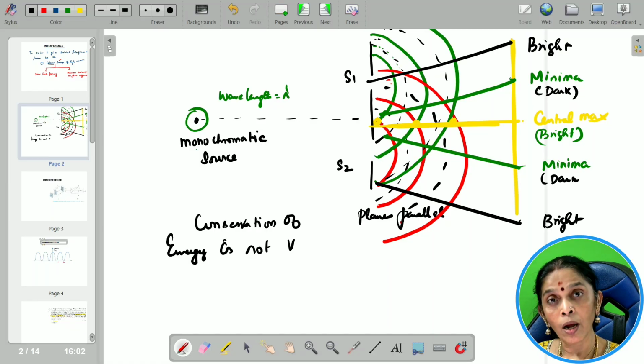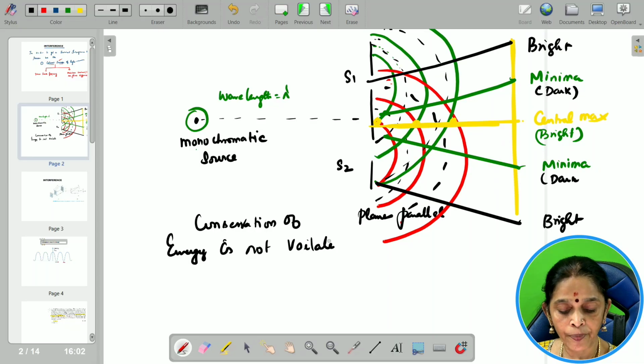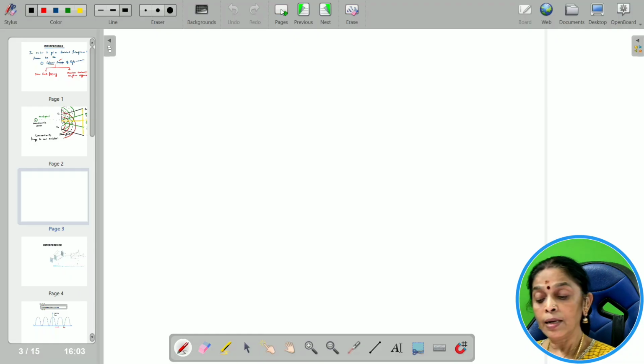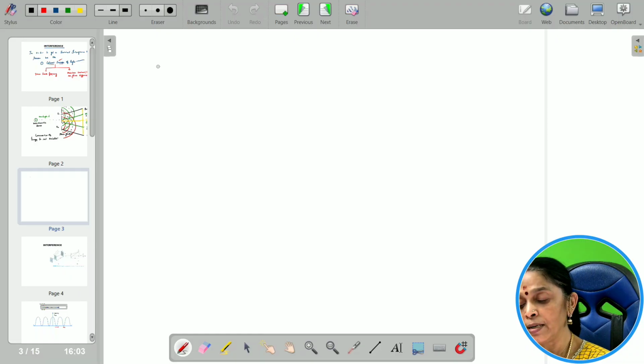So on the whole, on an average, conservation of energy is not violated here. All that we have seen in the previous video. Now we will see the resultant amplitude, which you have already discussed. Let me recap the same thing.